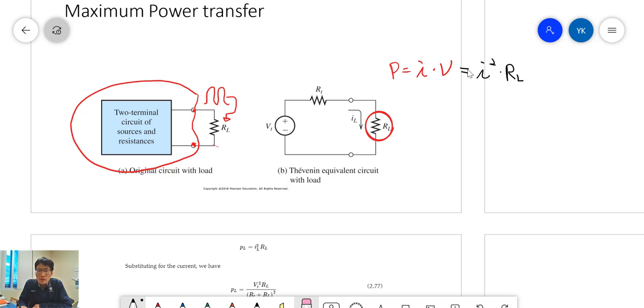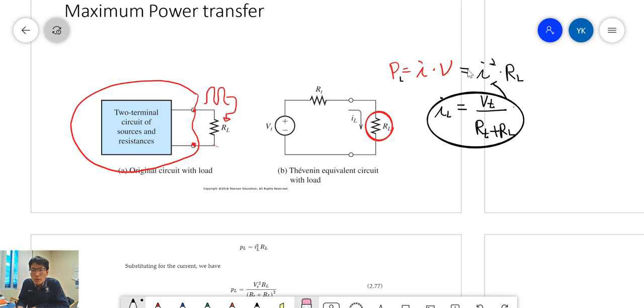So at the load we can calculate the power at RL. Here the current can be calculated by Ohm's law: voltage VT over RT plus RL. So we can plug it in here. So power is VT squared over (RT plus RL) squared, times RL.